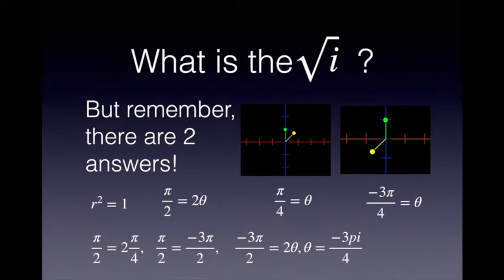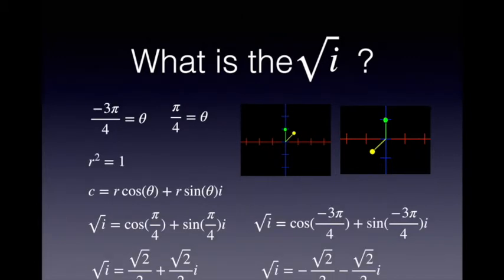So I have 2 answers just like before. Square root of i equals radius 1 and pi over 4, or square root of i equals radius 1 and negative 3 pi over 4. So at the top, here are my two answers for theta, negative 3 pi over 4 and pi over 4. Radius in either case equals 1.